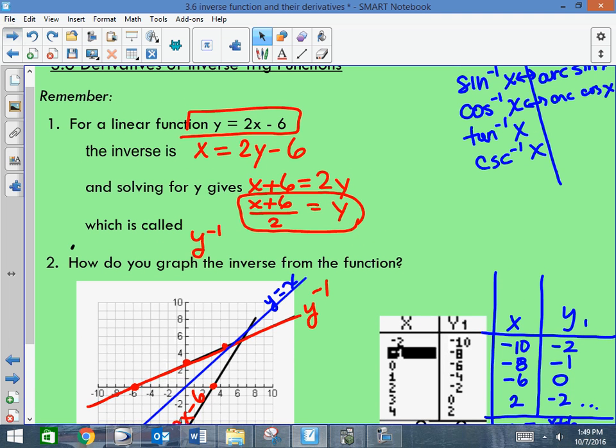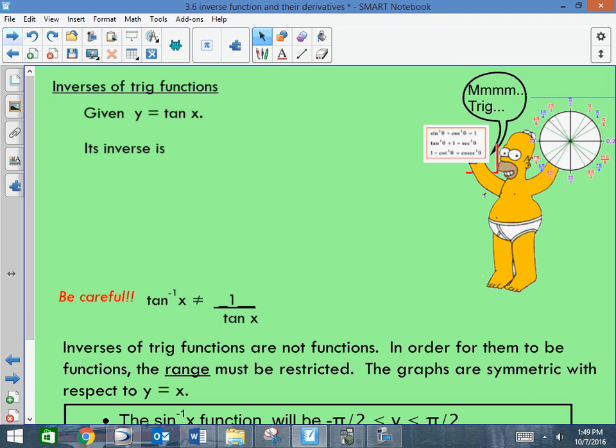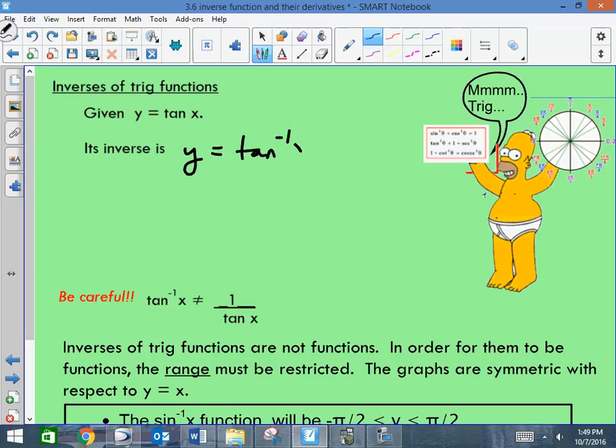Let's talk about what happens when we do inverse tangents. Okay. What is the inverse of tangent? I feel kind of dumb asking that question. It's inverse tangent, right? Okay. Nothing to do, but if we wanted to go through the procedure, here's what we would do. x equals tangent y.